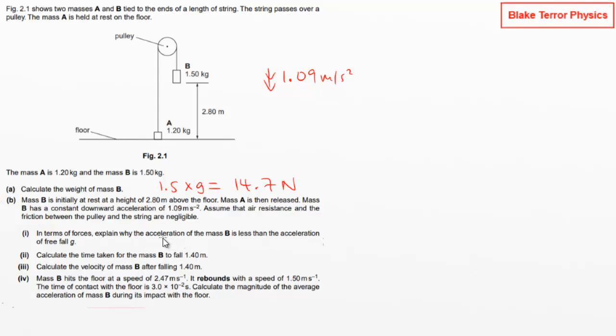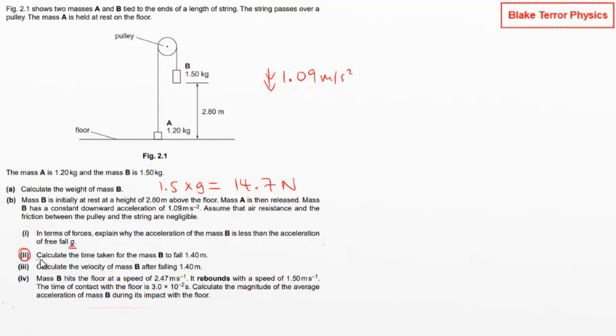I'll just say you could word it in a lot of different ways, but the net force on B, or the resultant force on B, either one's fine. The resultant force on B is less than the force due to gravity on B because of the tension in the string caused by A. So you get acceleration due to free fall, g, that is our effective gravity on its own. If you start having an opposing force, you're going to get less acceleration.